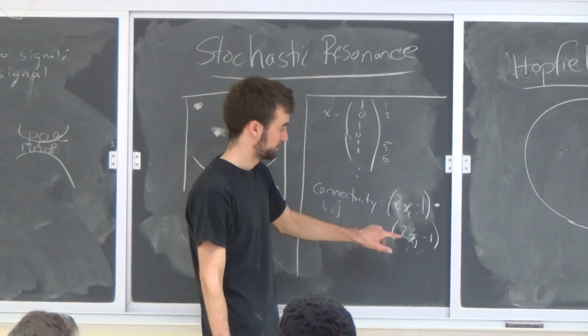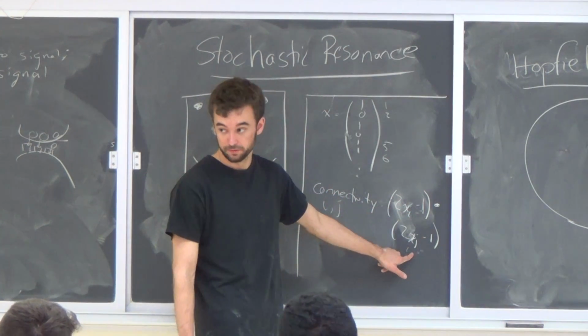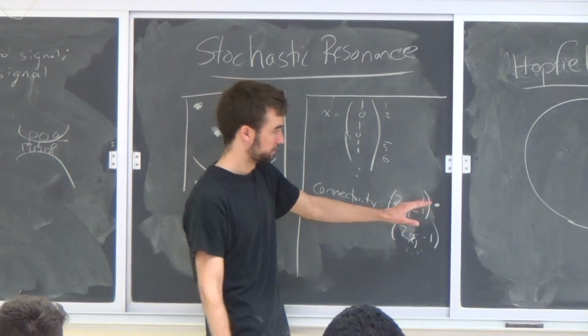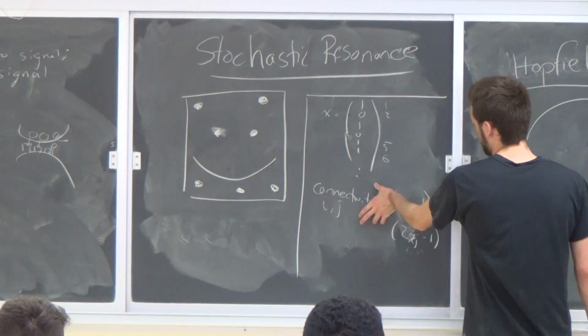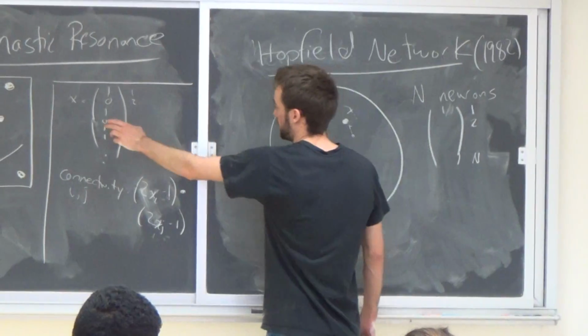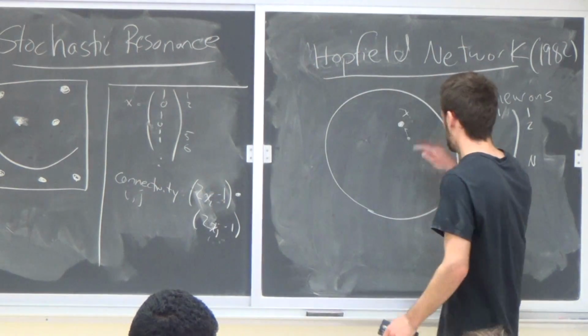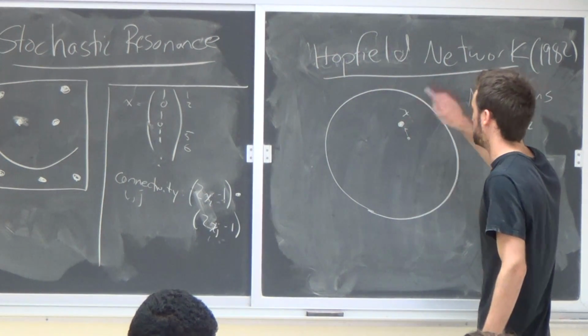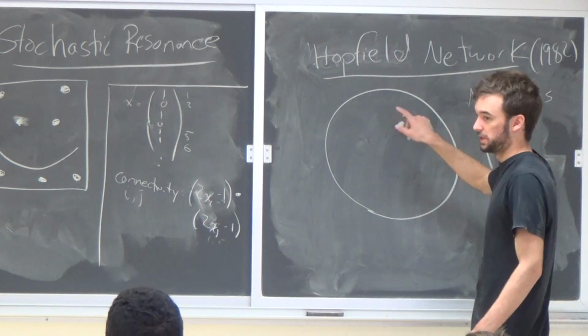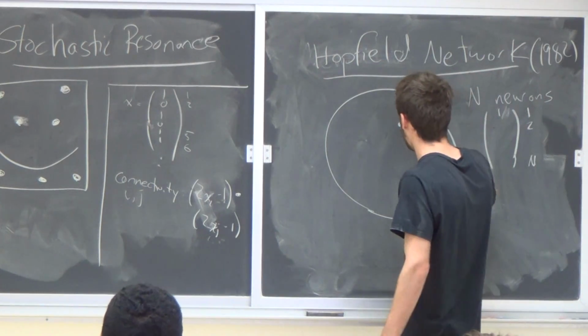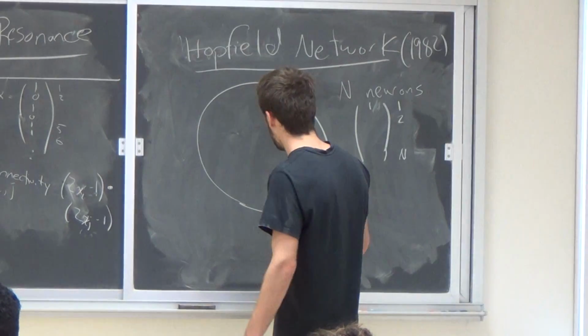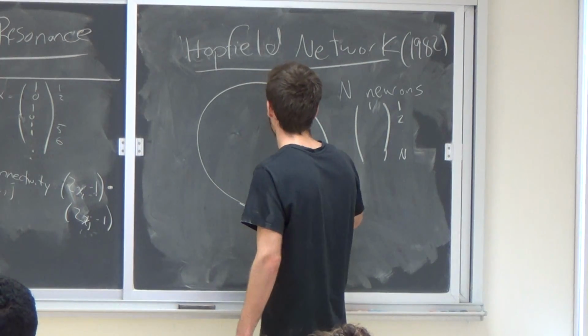But if these are doing opposite things, then this will be 1 and this will be -1. And so by storing the memory in the connectivity, you make the stored memory an attractor. So anything in this range falls in. And then you can keep storing memories.